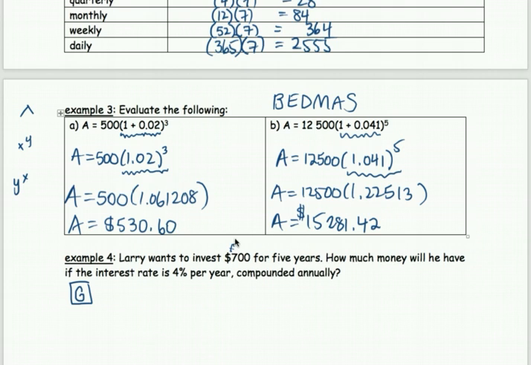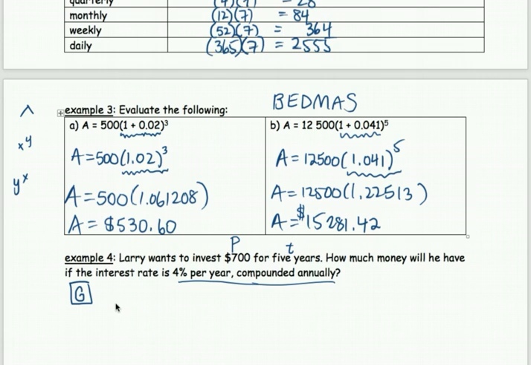This is your principal amount, so you write in P. You want to keep your money in there for 5 years, so we'll write T for time. The interest rate is 4% per year compounded annually. That's your interest rate, your I, or it has to do with I.